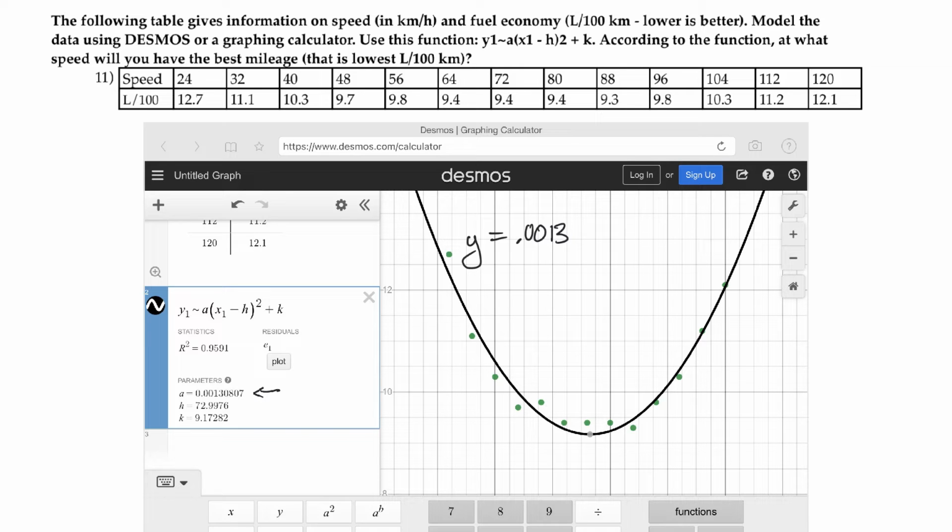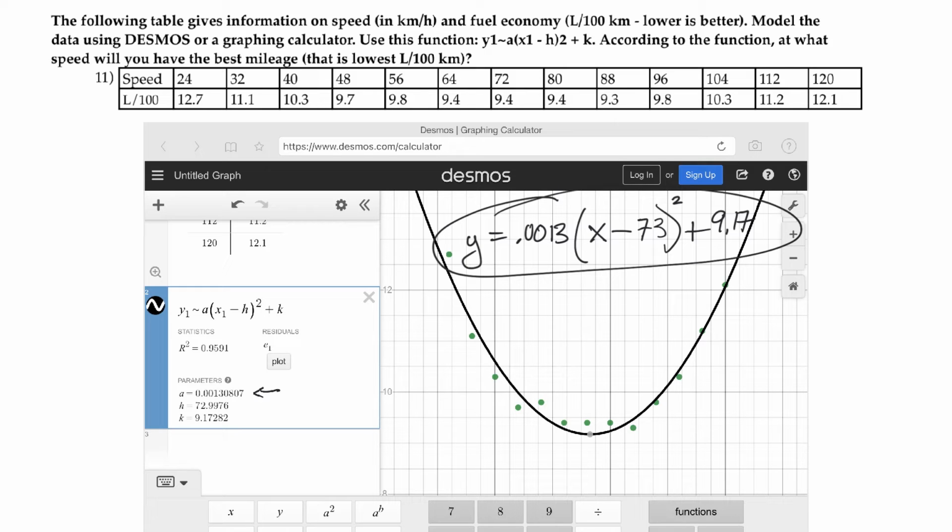And then bracket, x minus h, h here is 73 about, so (x minus 73) squared, and then plus k, and k is 9.17, call it. So that would be the function then that would define all those dots, or a path that approximates where those dots are.